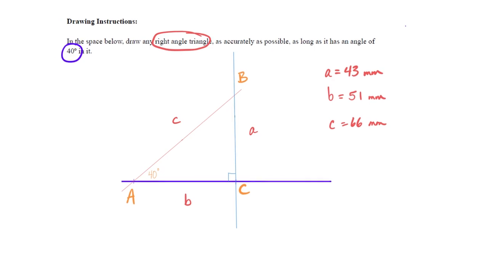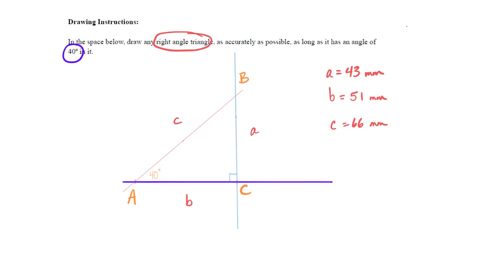The reason I can see, I know that those are 3 sides of a right triangle. They have to meet the requirements of the Pythagorean theorem. So if I did a quick check on whether my hypotenuse squared equals the sum of the squares of the other 2 sides, I'm going to find out pretty quickly it doesn't. If I take 43 squared and I add it to 51 squared, I get 4,450.